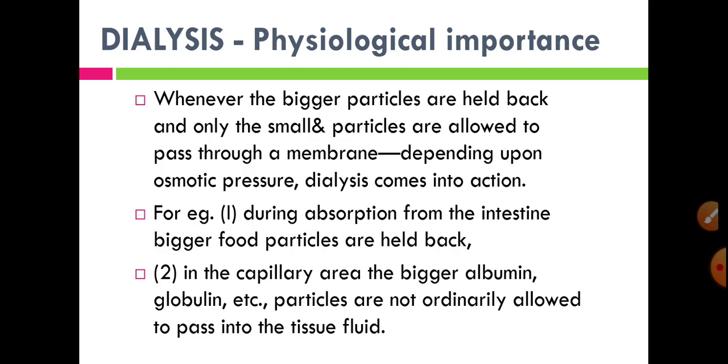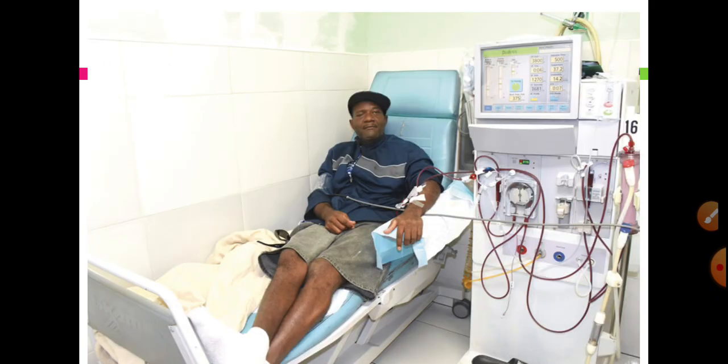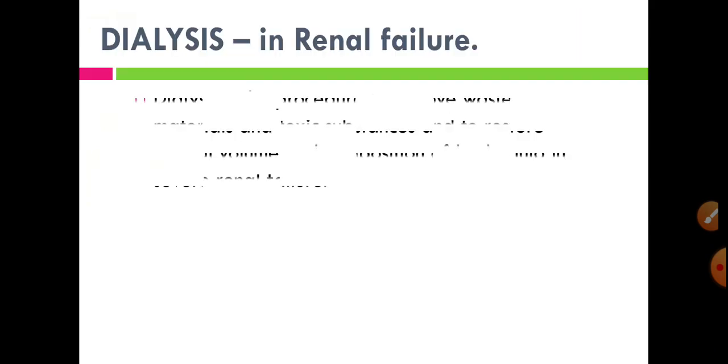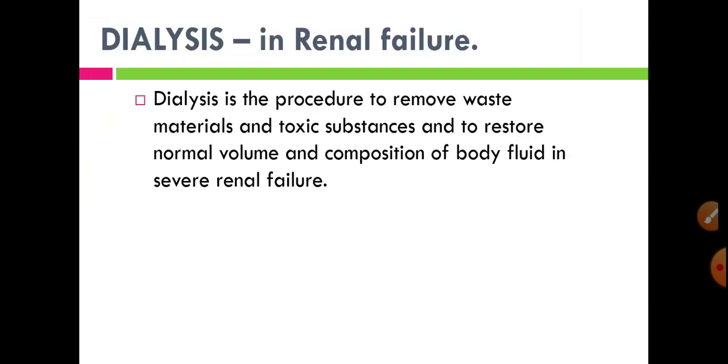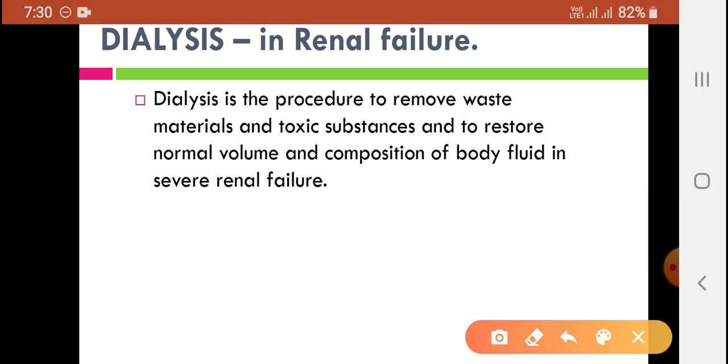Also in the artificial kidney, or we can say in renal failure patients, dialysis plays an important role in the filtration of the blood. In such a patient, dialysis is the procedure to remove waste materials and toxic substances and to restore normal volume and composition of body fluid in severe renal failure.